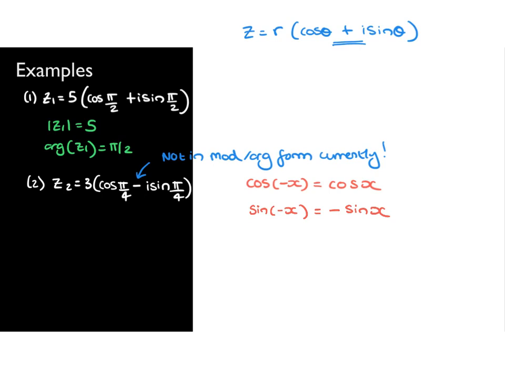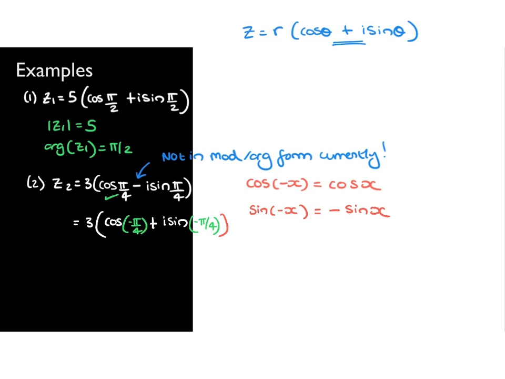So how does that help us here? Well, we can rewrite the part in the brackets as cos of negative pi by 4, because that would be exactly the same as cos of pi by 4, plus i sine negative pi by 4.